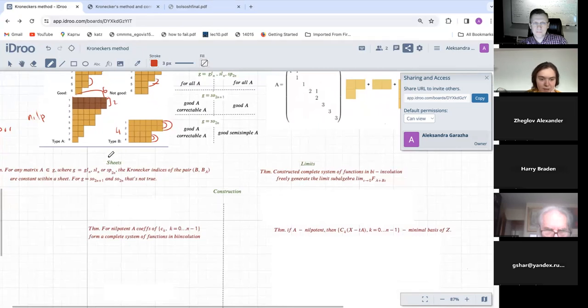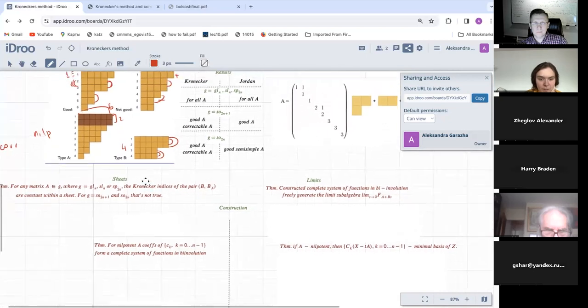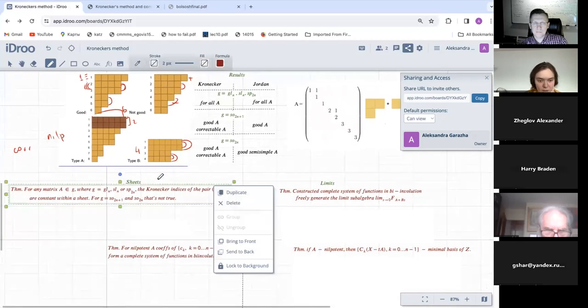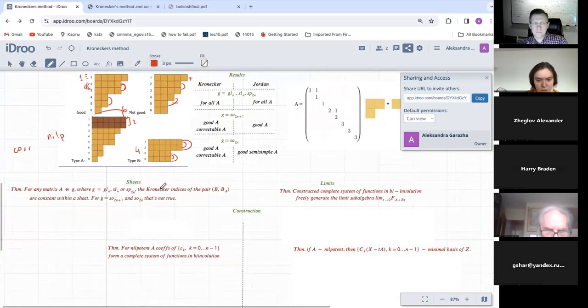Here I have a geometrical explanation of why types A and C are simpler than types B and D. If we look at sheets of Lie algebras, then for these types, when we take element A from the sheet, the Kronecker indices are always the same.